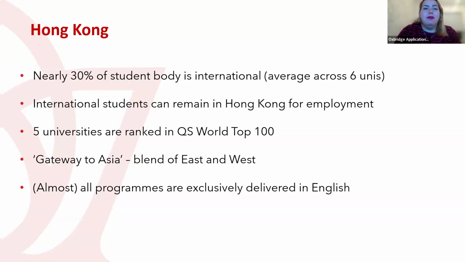And also what's amazing is that almost all of the programs delivered in these universities are delivered through the medium of English, where English is the required language to prove upon application. There's a small number that require the language Cantonese as part of the application, and these tend to be programs where there is significant access to the public.